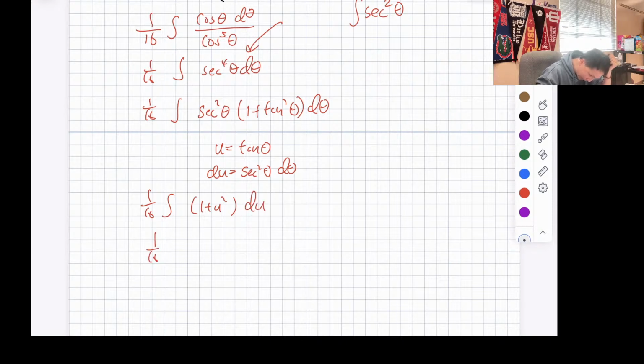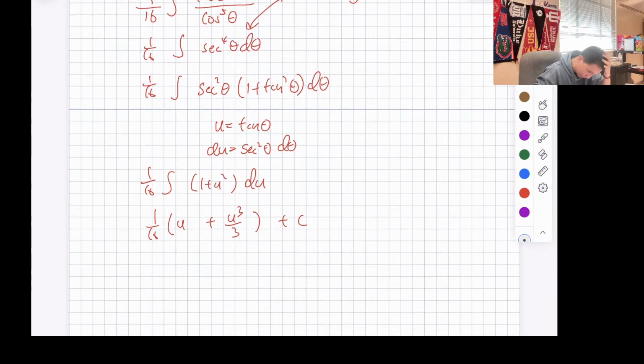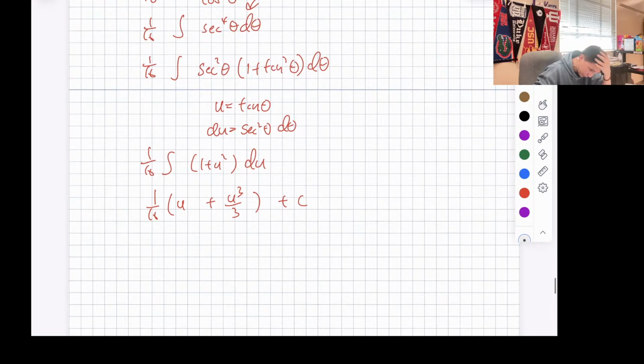So it'd be 1 over 16 times u plus u cubed over 3 plus c. Now it'd be 1 over 16 times tangent theta plus tangent cubed theta over 3 plus c.